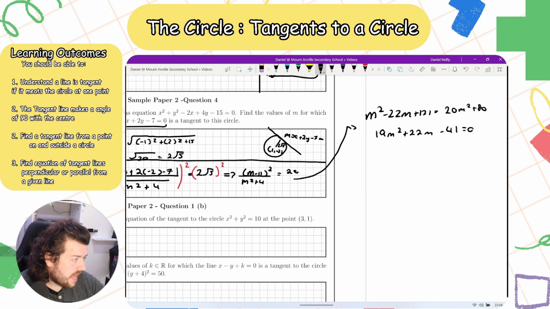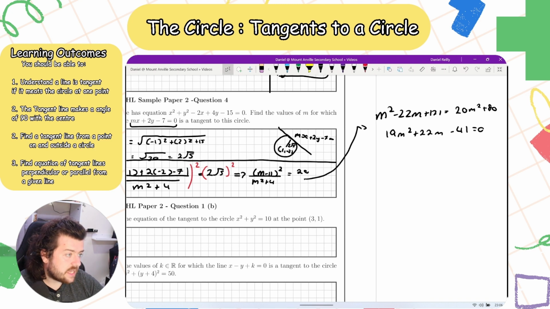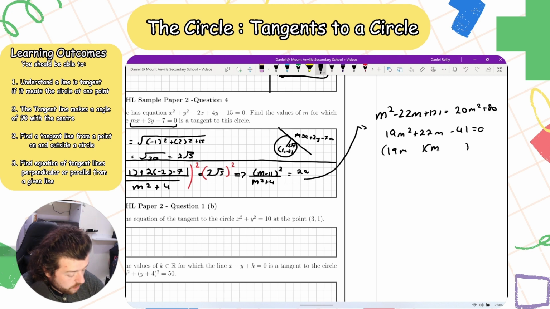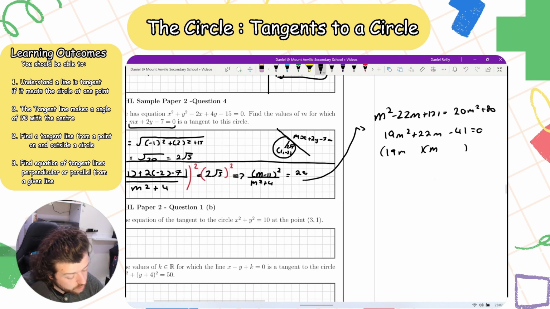So let's factorize this now. So it's going to be (19m ...)(m ...). Then two numbers that multiply to get -41 but add to get 22.